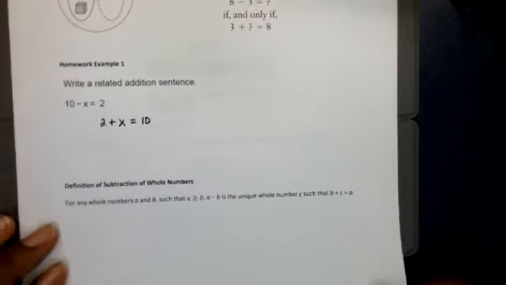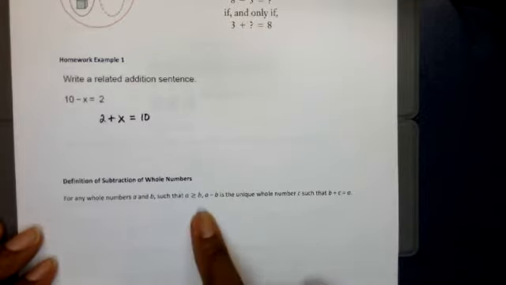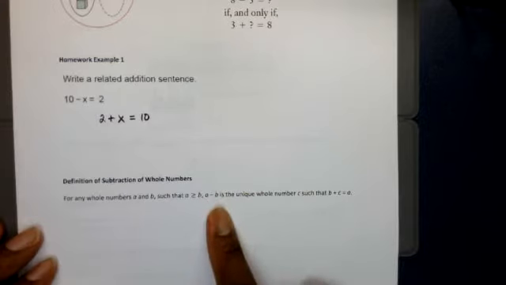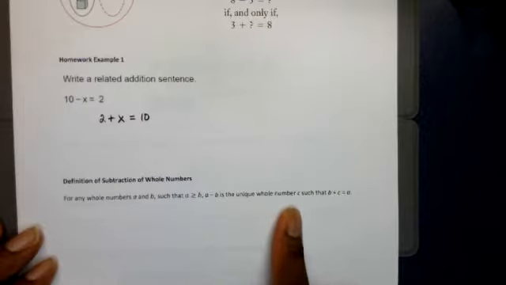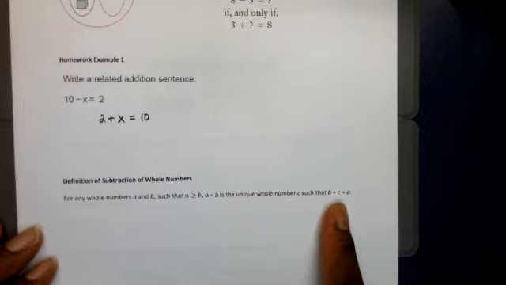All right, now we'll look at the definition of subtraction of whole numbers. If we have any whole numbers a and b such that a is greater than or equal to b, then that means that a minus b is a unique whole number called c such that b plus that number c must be equal to a.